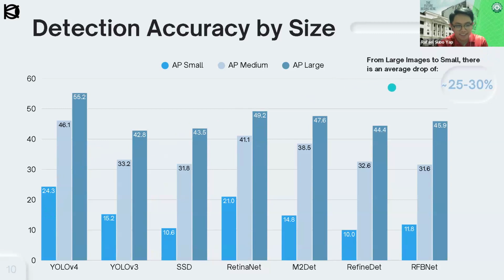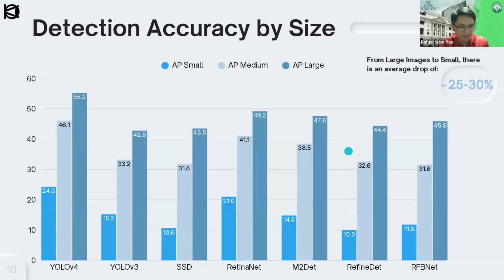As you can see, every model struggles with small objects. Even the best here, YOLO V4, just gets a 24.3% average precision on small objects, while it gets double that for large ones. SSD here drops to 10.6, and RetinaNet even smaller with 10.0.